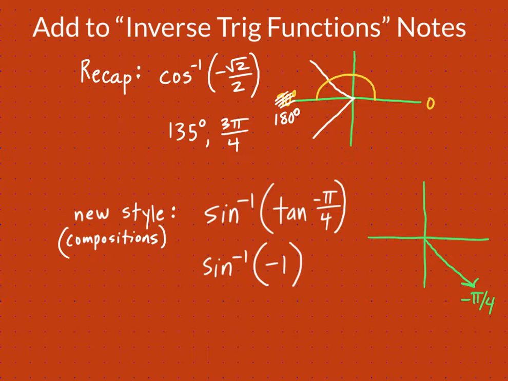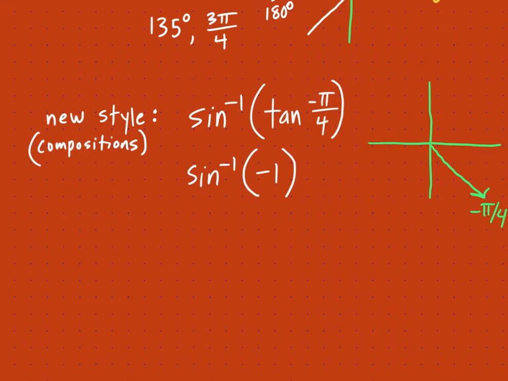Now we get to the outside step, which is what is sine inverse of negative 1? So completely separate situation. Where does sine have a value of negative 1? And sine, it doesn't come from somewhere on the top. Sine always comes from somewhere on the right, which is negative 90 to positive 90. It's kind of awkward that we have to drop down into the negatives, and instead of being down in that quadrant somewhere between 270 and 360, we say it's between negative 90 and 0.